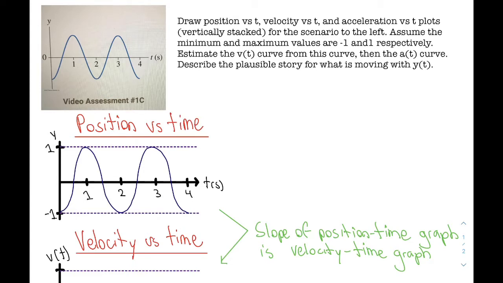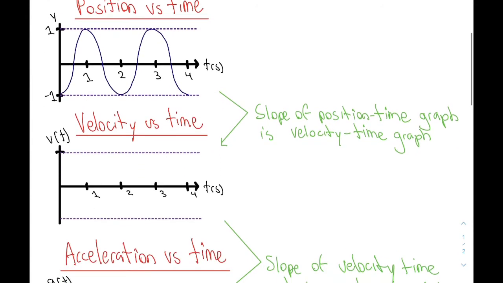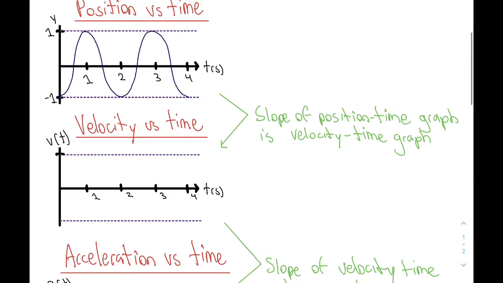So I copied the position time from the picture onto the first graph. And in order to get velocity time, we know that the slope of the position time graph is the velocity time graph. So we have to find where the slope of the position time graph is positive.